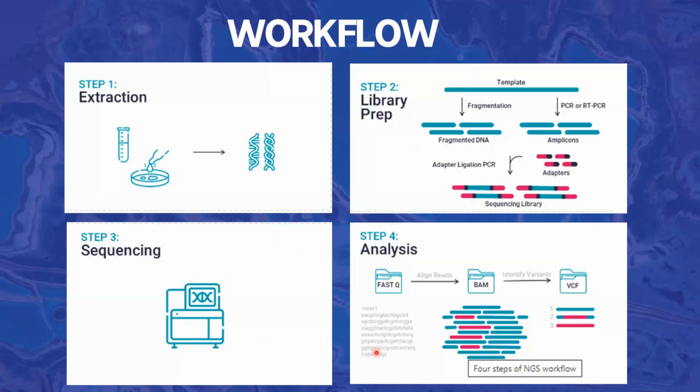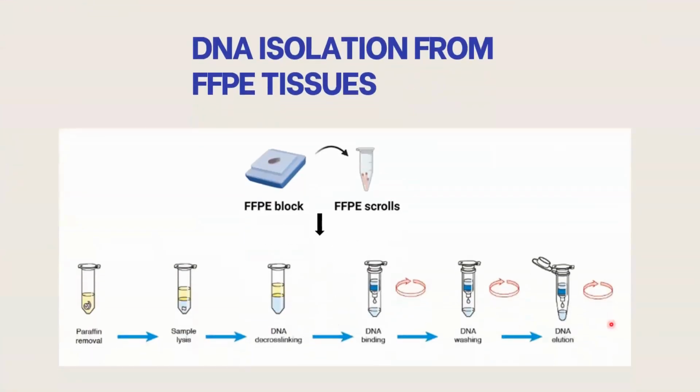When the sequencer generates the FASTQ files, we align the reads into a BAM file, and then we use the VCF file to identify the variants or analyze our patient data.